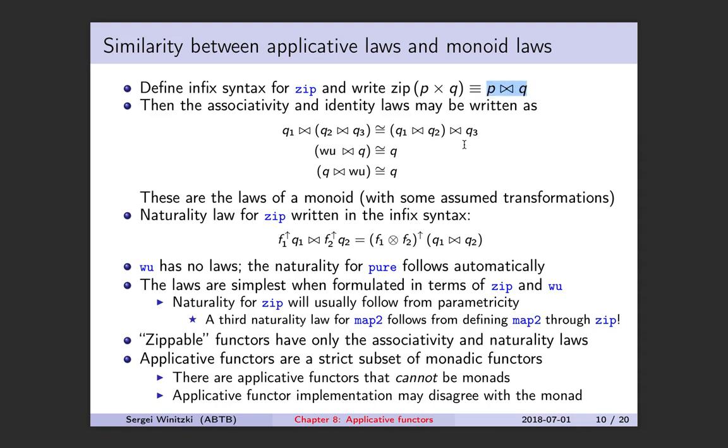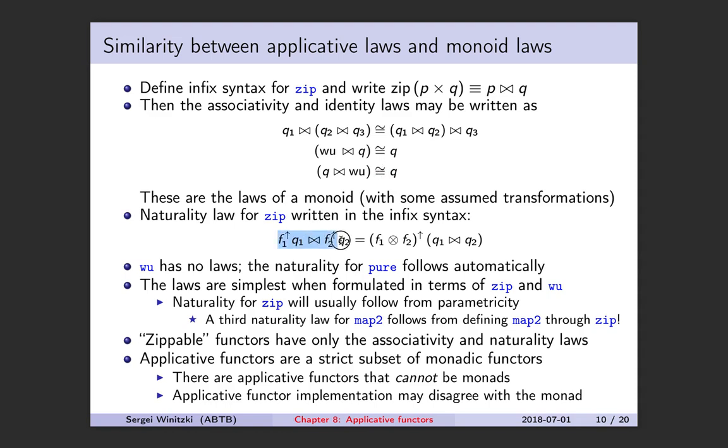If we write it like this, then associativity and identity law look like that. Now these laws are basically laws of a monoid, up to different types that I did not write. So this is of type Fa, this is of type Fb, this is of type Fc, and assumed transformations that are isomorphisms here and here.